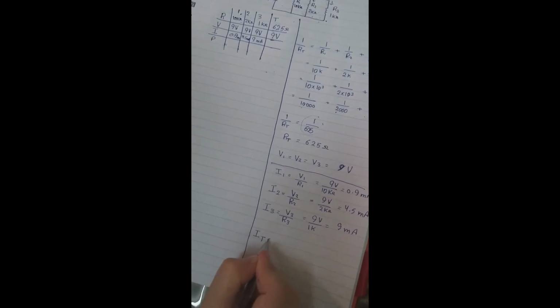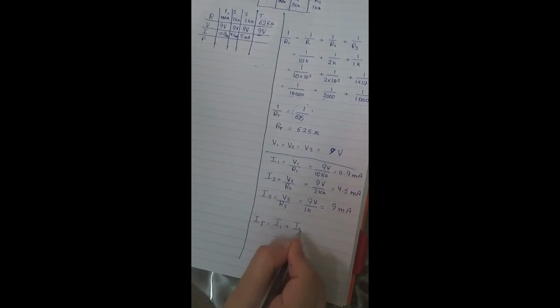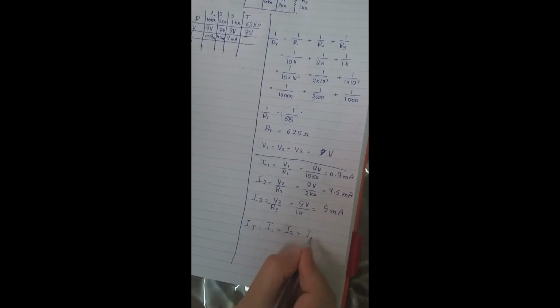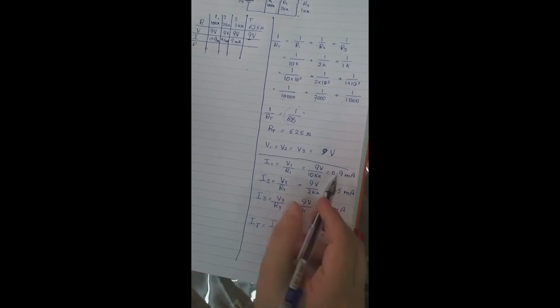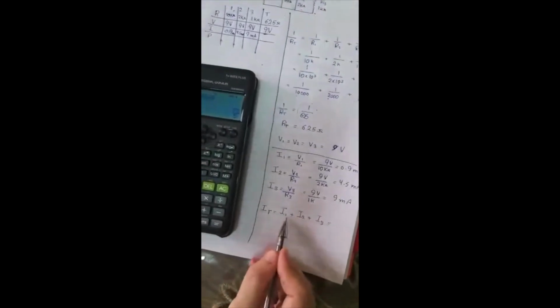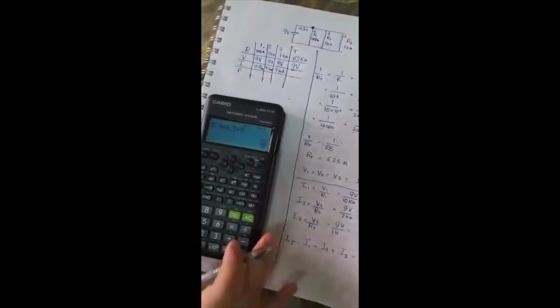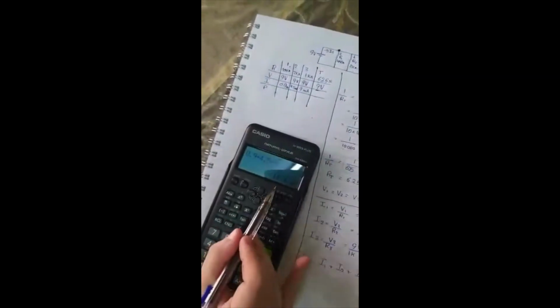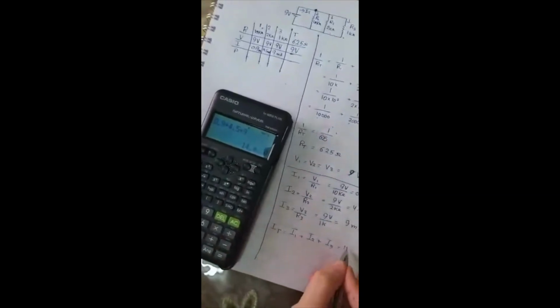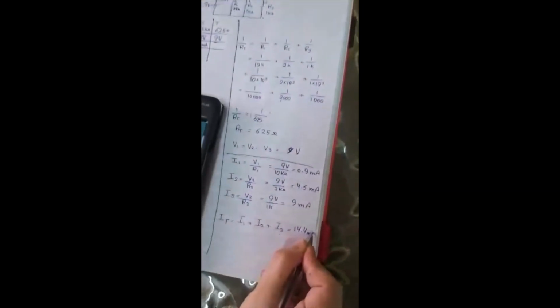I total is equal to I1 plus I2 plus I3. Adding them, we got the total current 14.4, and don't forget to add the milliampere.